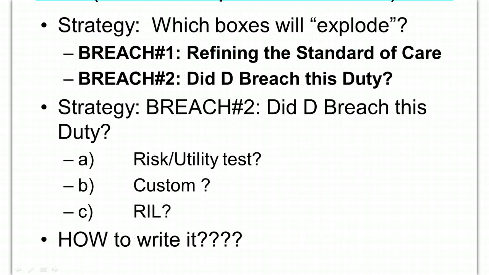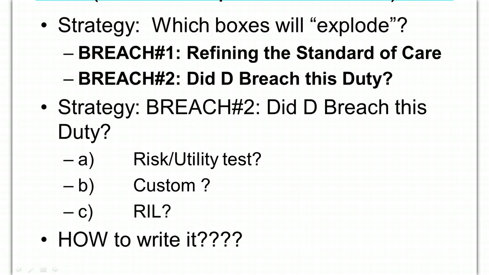We know that there are actually two steps within breach. The first step is to refine the standard of care. The question tells us that we should be applying reasonable care. Right? The question says Marvin concedes he owes Robin a duty of reasonable care. But the first question we have to ask is, what factors come into play when we refine the standard of care for this fact pattern?